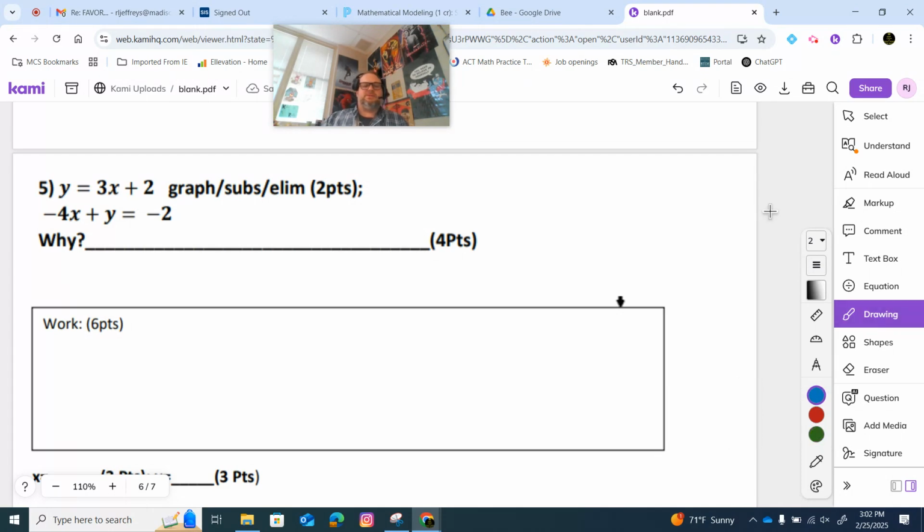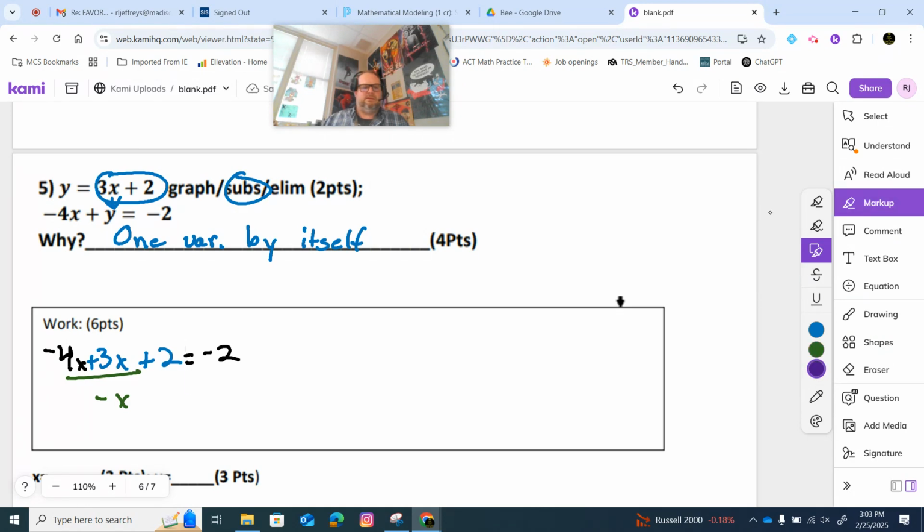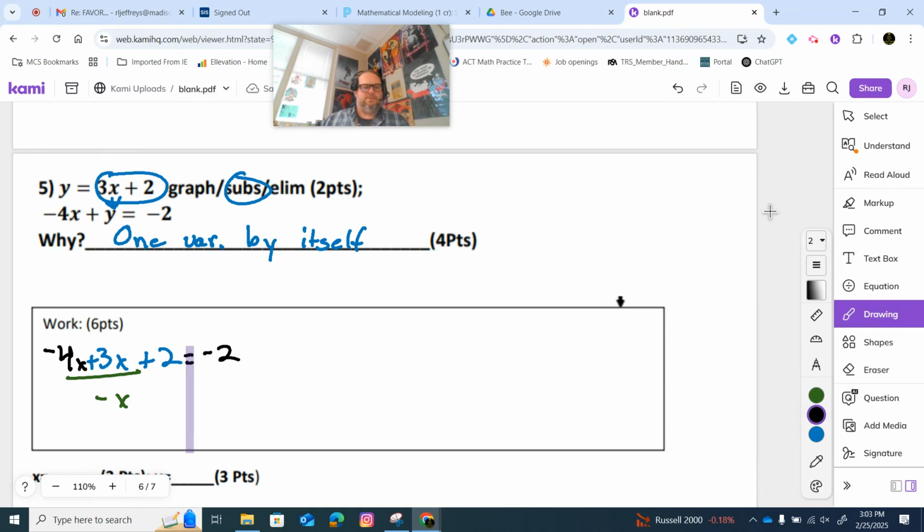All right, this one I would definitely have said substitute one variable by itself again, and 3x plus 2 minus 2.